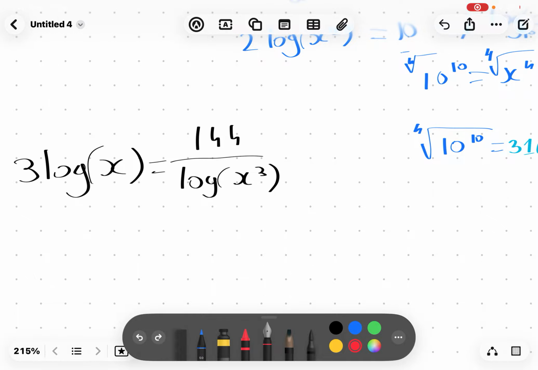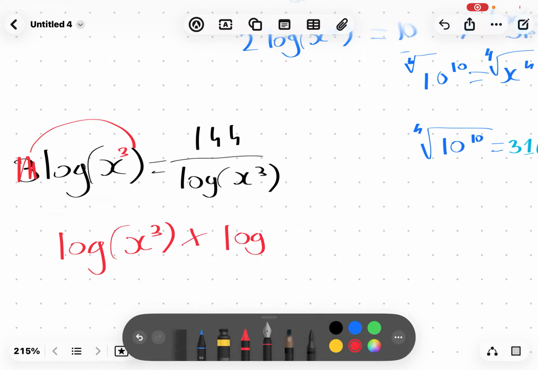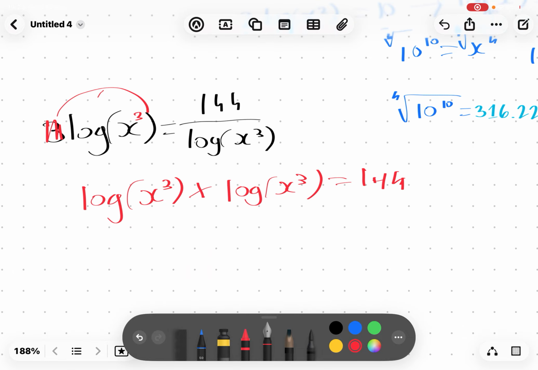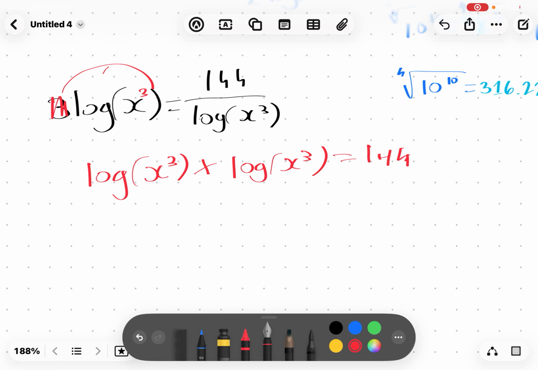First of all, straight away I'm gonna input this here, 3, take away the 3. Then I need this here because the x have to be together to find out the x. So the opposite of division is times, and so it becomes times log 3 equals 144. After that, when you times them, you might think, oh, it's another 2 log, blah blah blah.